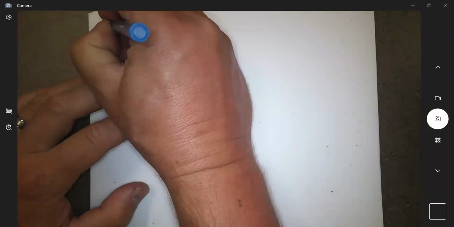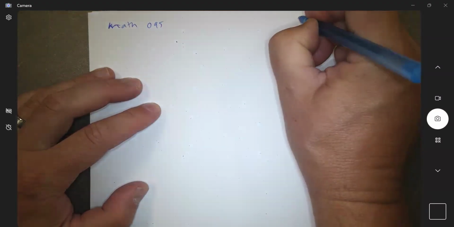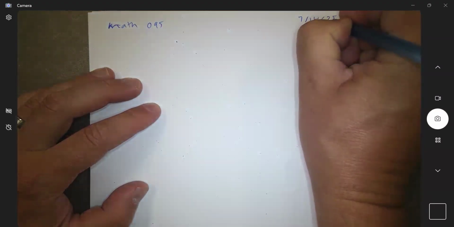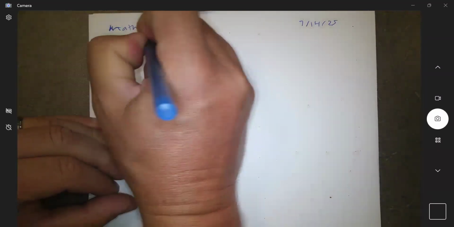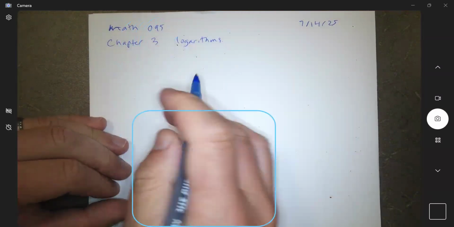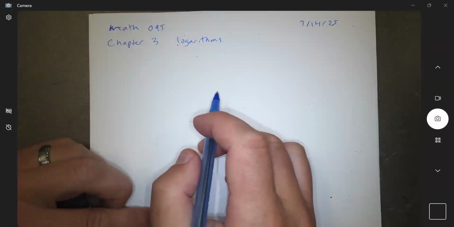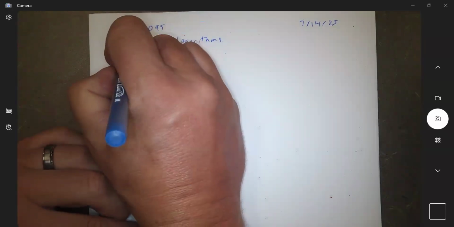So here we are in Math 95. It is 14. And we're going to talk about logarithms today. Three main topics.